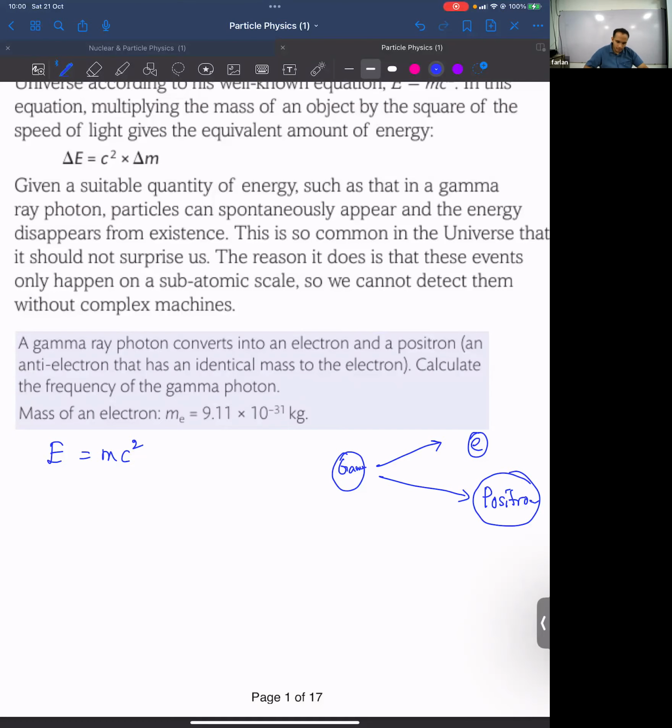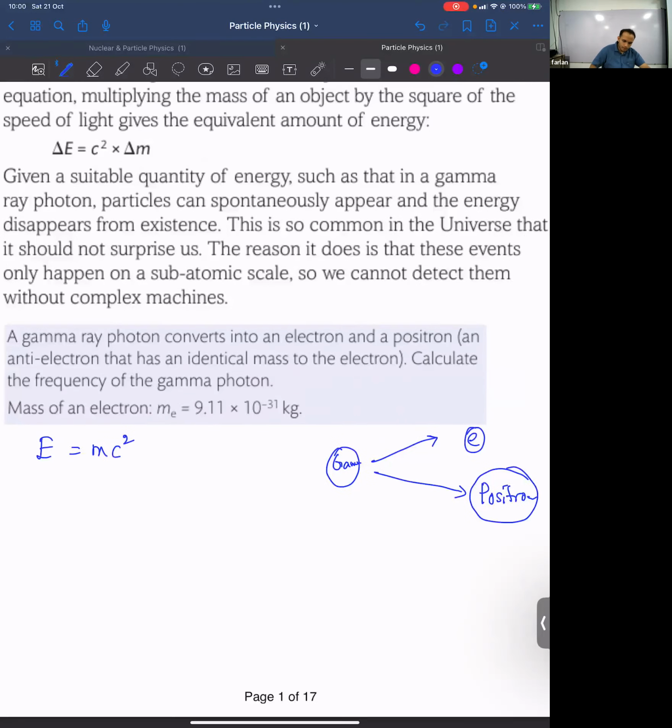So what is the energy of the electron? The electron will have an energy equivalence of mc squared. Mass of the electron is 9.11 into 10 to the power minus 31, into 3 into 10 to the power 8 squared. So the energy equivalent to the mass of the electron is this much.